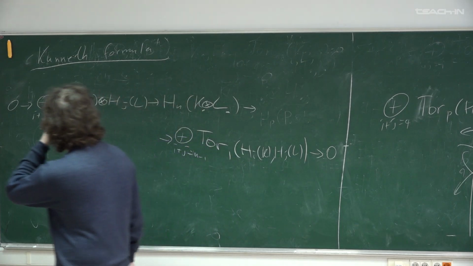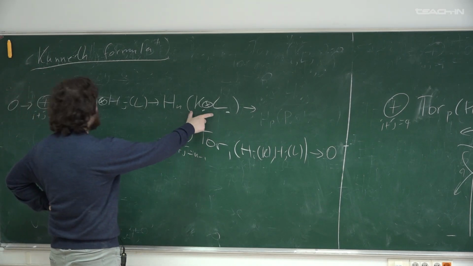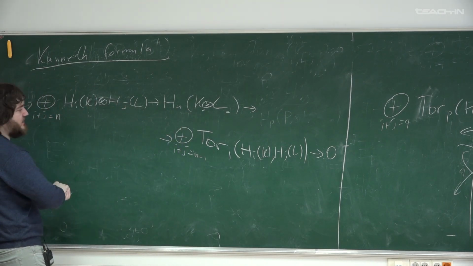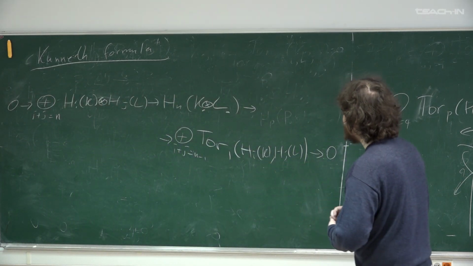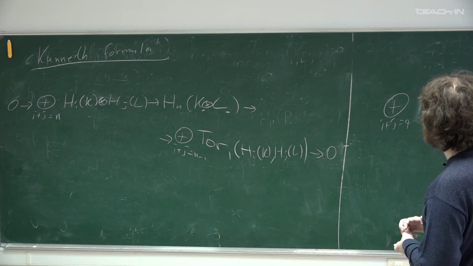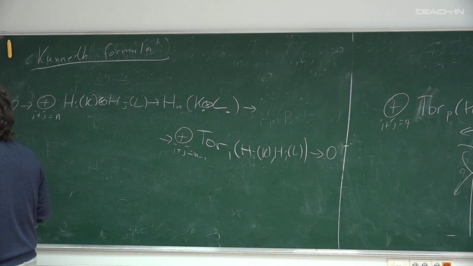Now this is the Künneth formula for a good enough chain complex, where one of them is flat. This spectral sequence degenerates to this short exact sequence. So the homology of the tensor product sits between the tensor product of homologies and this Tor term.